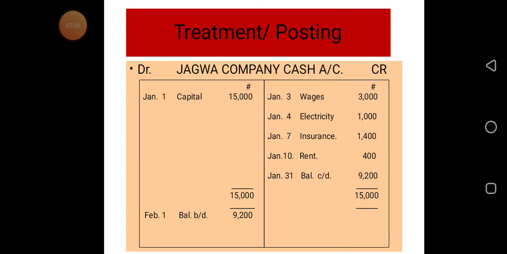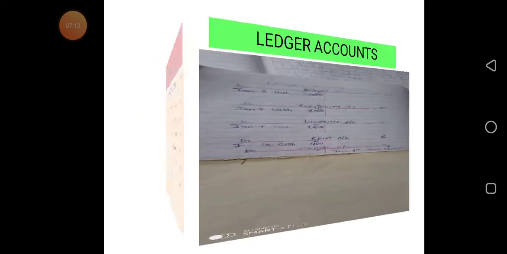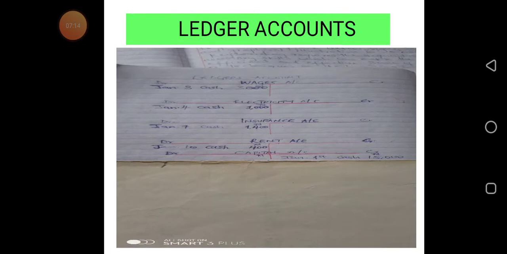So having said that, let's quickly go and form the ledger, which is the main question. Please, I believe you can see this, though it's somehow tiny. We can see that in the posting there, in the wages account, we have on the debit side 3,000 naira. We go to the electricity account, we have there 1,000 naira.